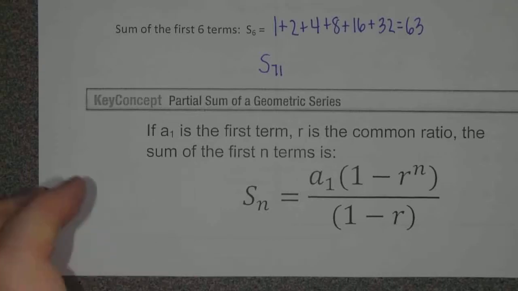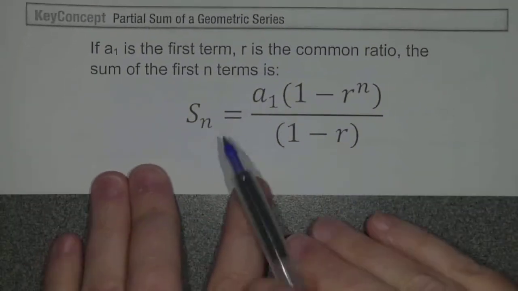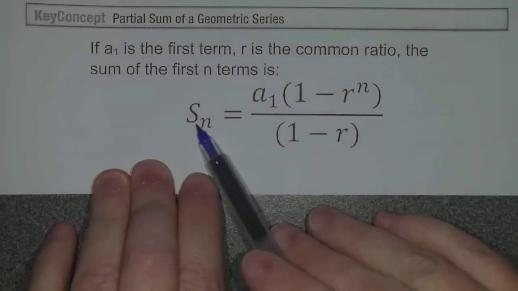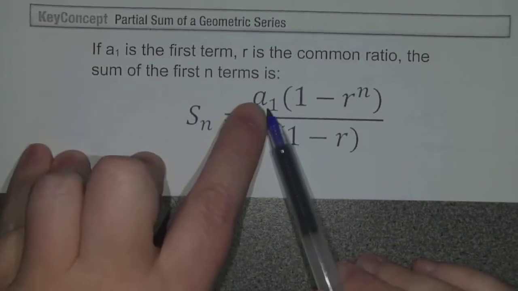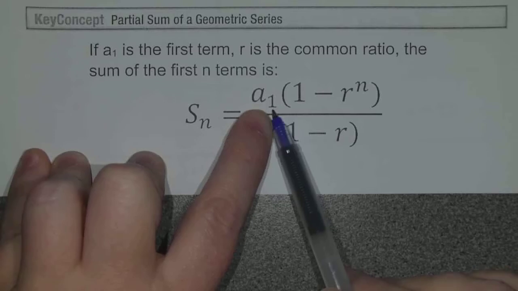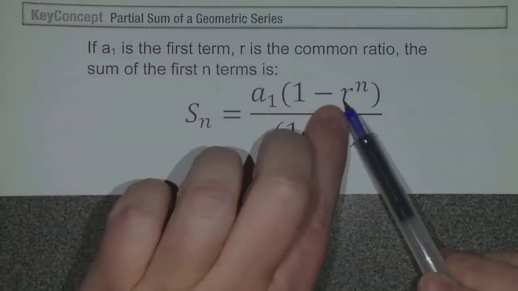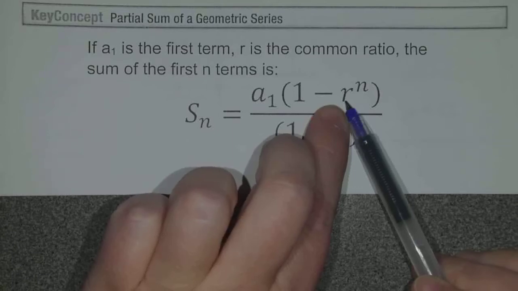Okay. So this is the formula that we're going to use to find the sum of however many terms we're looking for. The A1 stands for, who remembers what it stands for? First term. The R stands for the ratio.